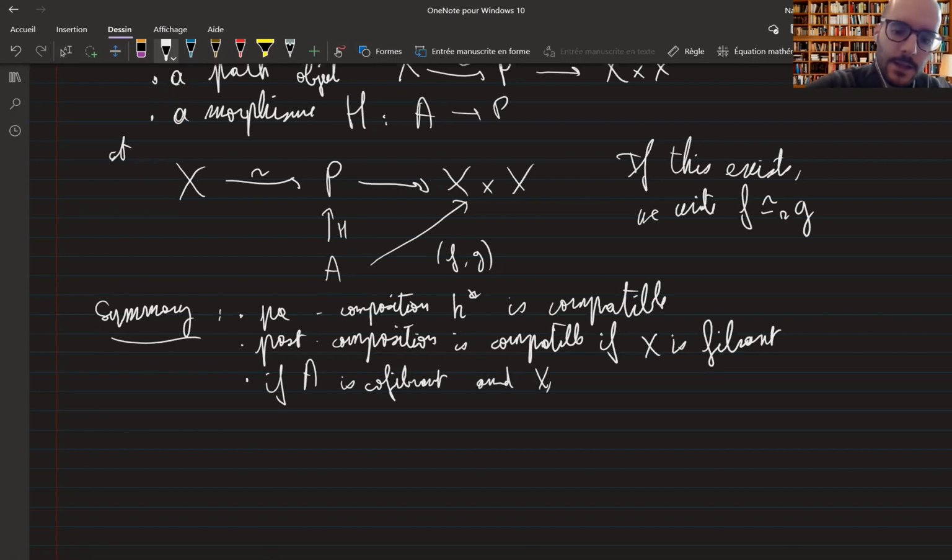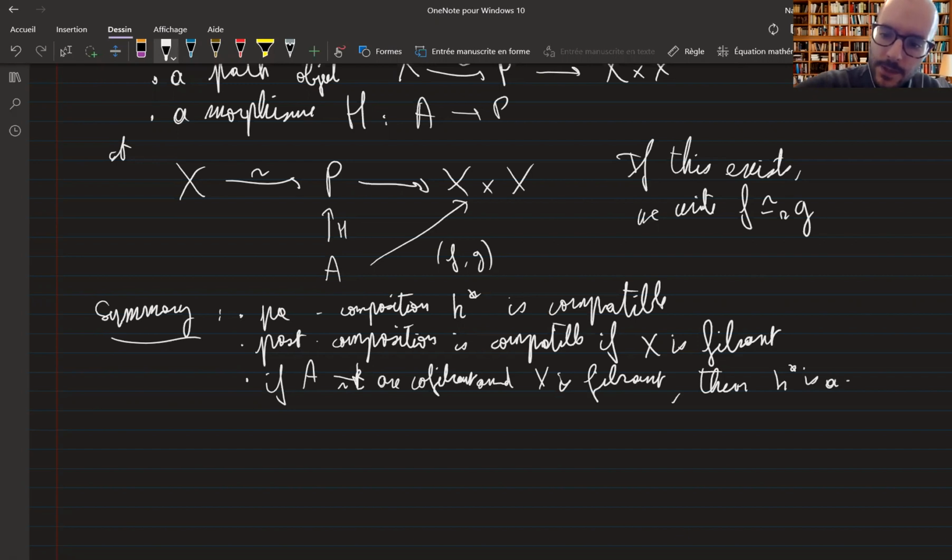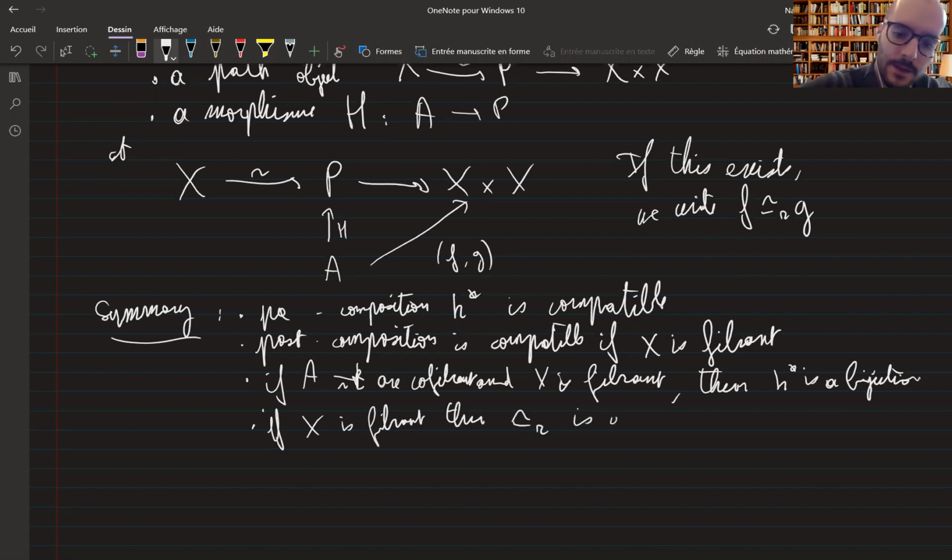If A, B are cofibrant and X is fibrant, then H upper star is a bijection. And finally, if X is fibrant, then this is an equivalence relation.